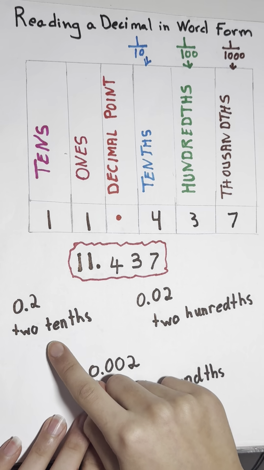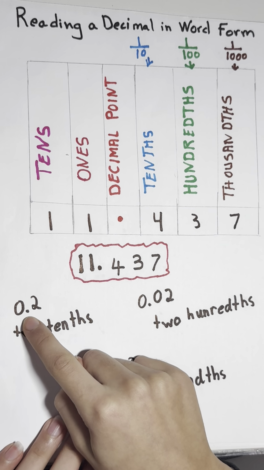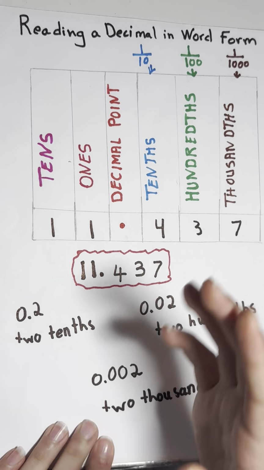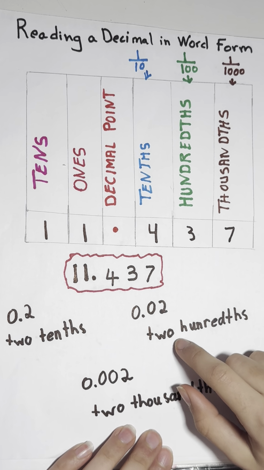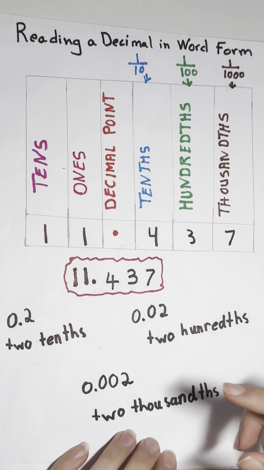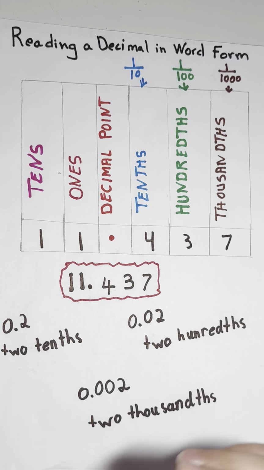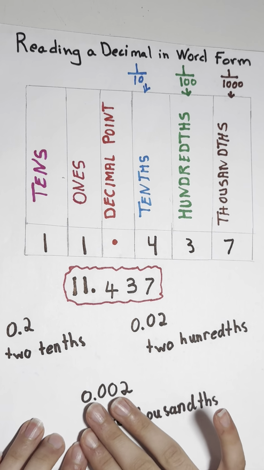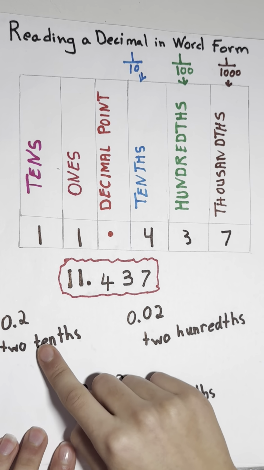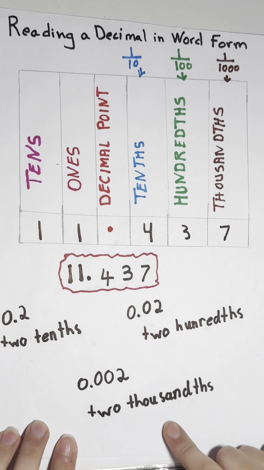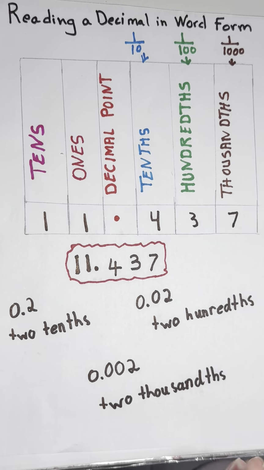So remember, 2/10 looks like that, just 1 zero ahead of it, and then 2/100 is 2 zeros ahead of the 2. Then 2/1000 is 3 zeros ahead of the 2. So 2/10, 2/100, 2/1000. Remember that, so you don't get tricked up.